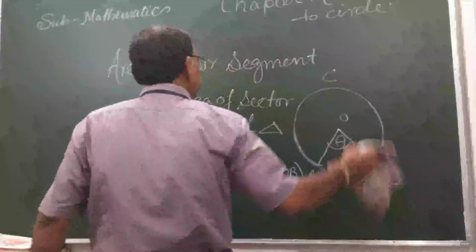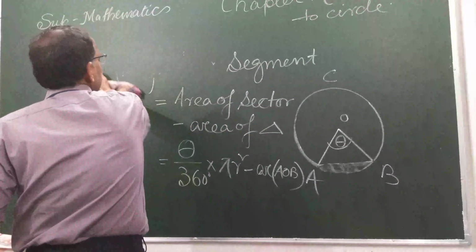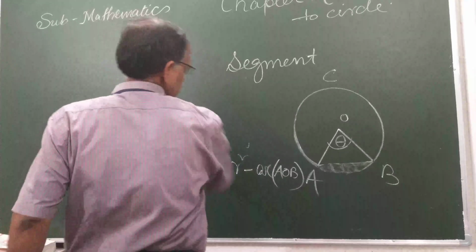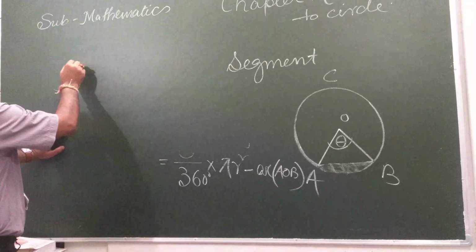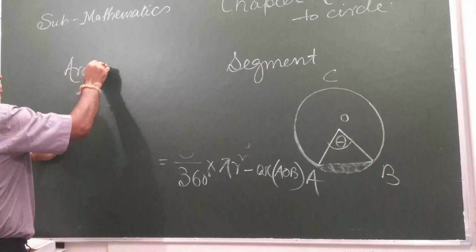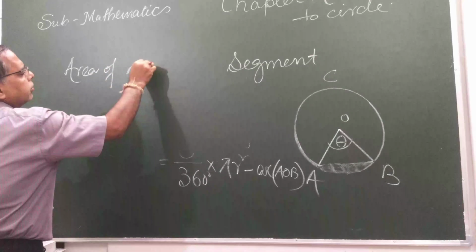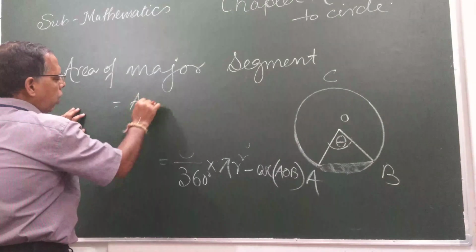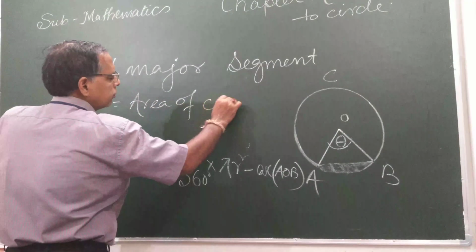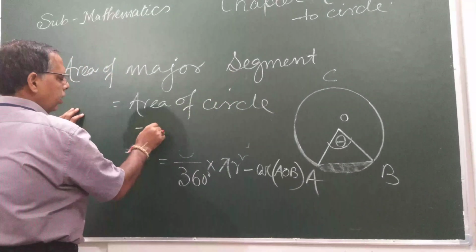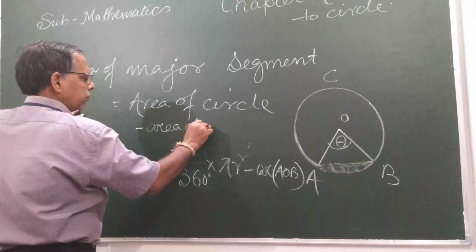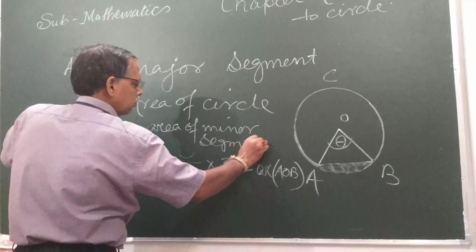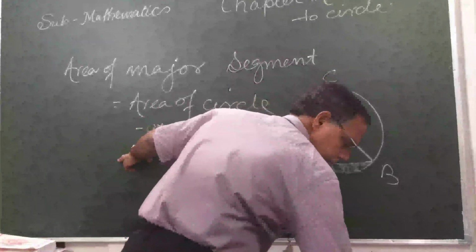So area of major segment equal to area of circle minus area of minor segment.